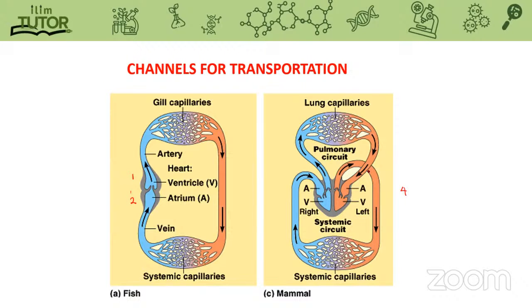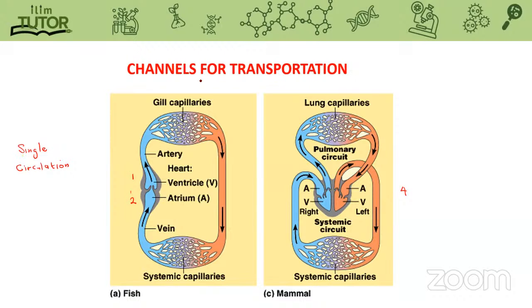Now, for the fish, what we have here is a type of circulation we refer to as single circulation. And the reason why we use this terminology is simply because the blood passes through the heart once to complete a circuit.